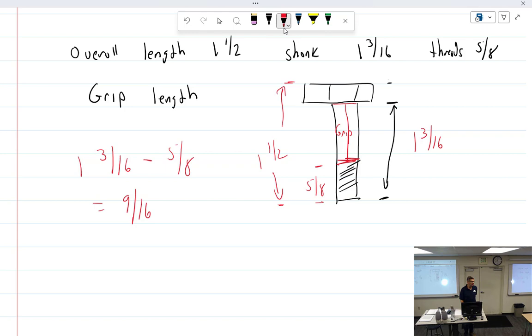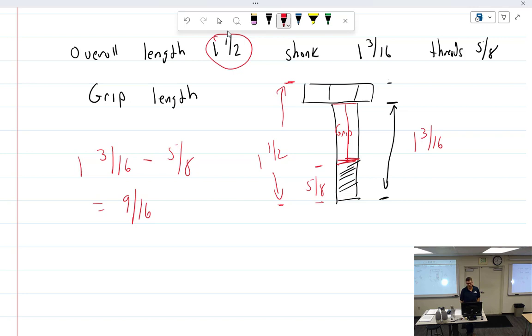Everybody follow that? That was a tricky one because they gave you information that doesn't really match what we know. The 1.5 is a misleading number right there. When they say overall this time, they mean the whole length of the bolt, which we don't use for measuring anything for bolts.